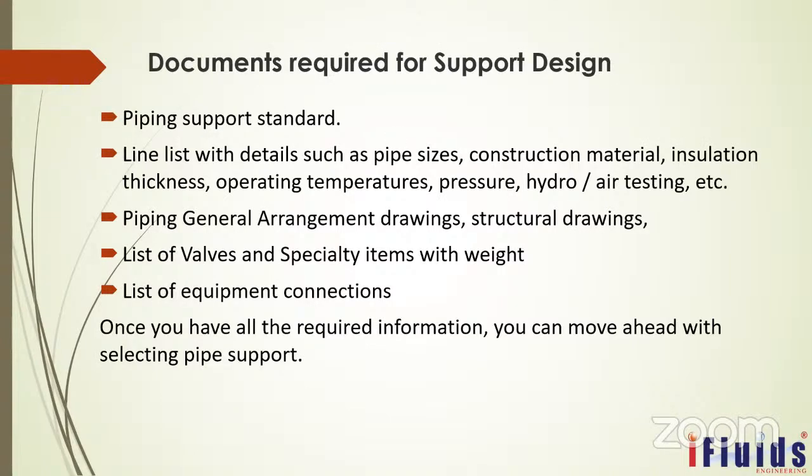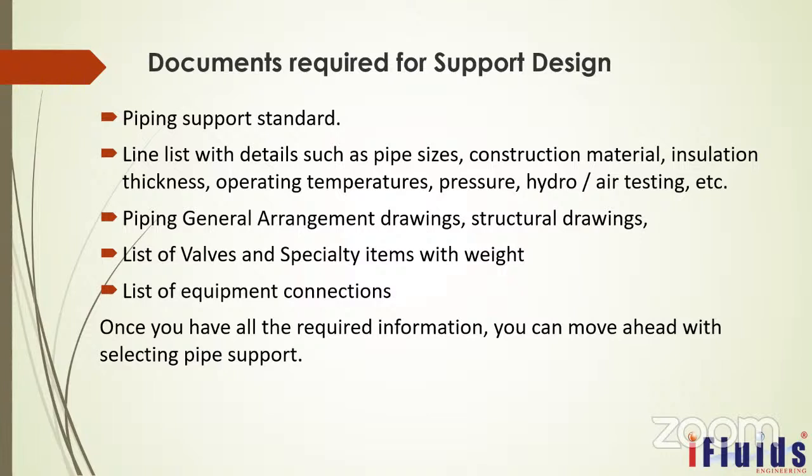And then what are all the documents or things required for the support design? First one is the pipe support standard you need, that we are going to see in upcoming slides. And the pipe size is the first thing. Construction material, whether it's carbon steel, stainless steel, alloy steel, or a non-metallic pipe, you have to consider.